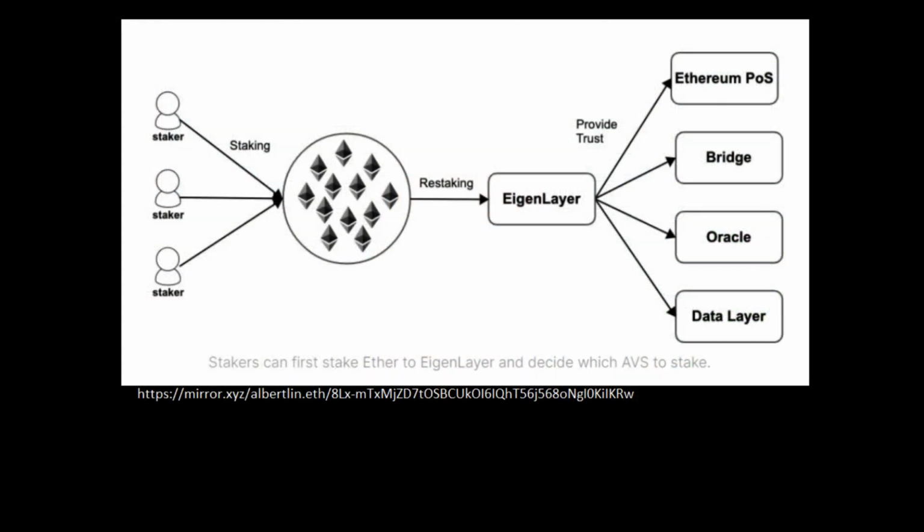What EigenLayer does is that it allows these staked pools of tokens to be restaked on other chains, in effect extending the security blanket over other chains. In return for this extra work, the Ethereum validators and owners of staked ETH get rewarded in fees paid by the chains.